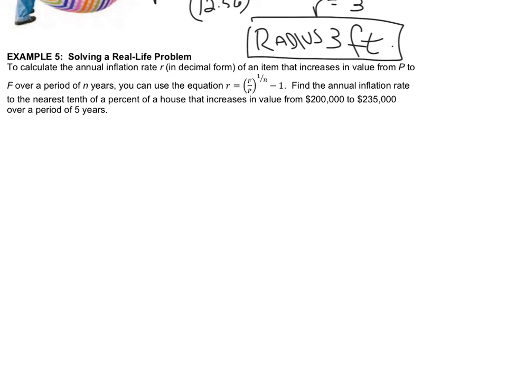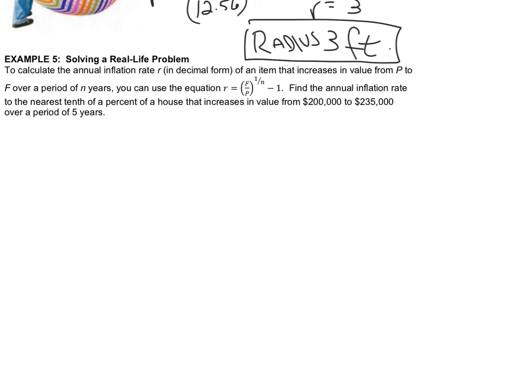So we would be using P. P would be our 200,000. F would be our 235,000. Over 5 years, N is our years. So that would be just looking at our information. So then we just start plugging in the formula.